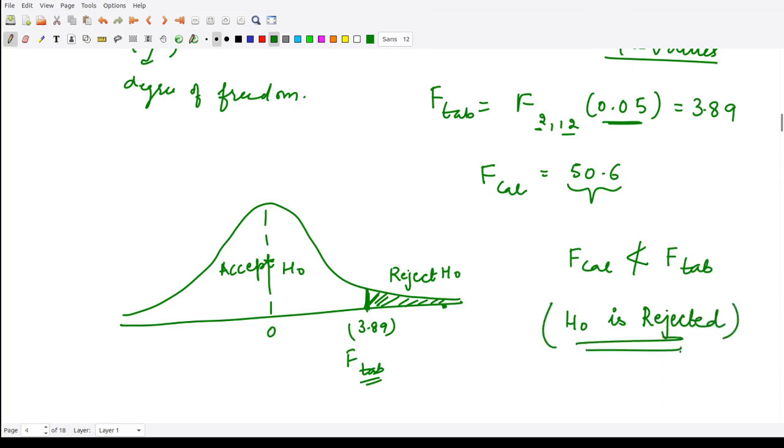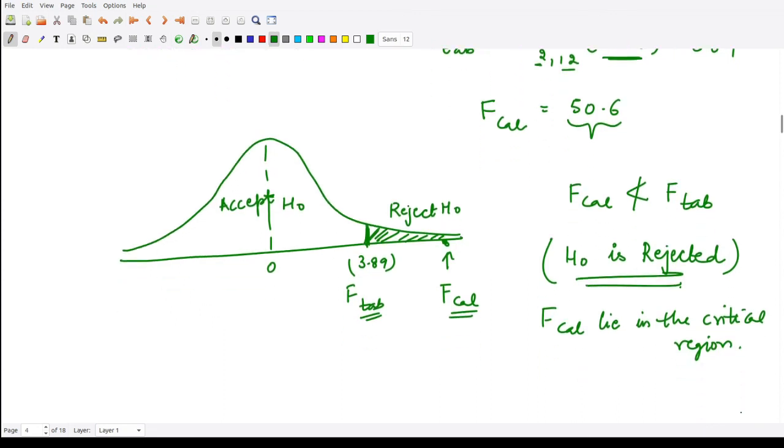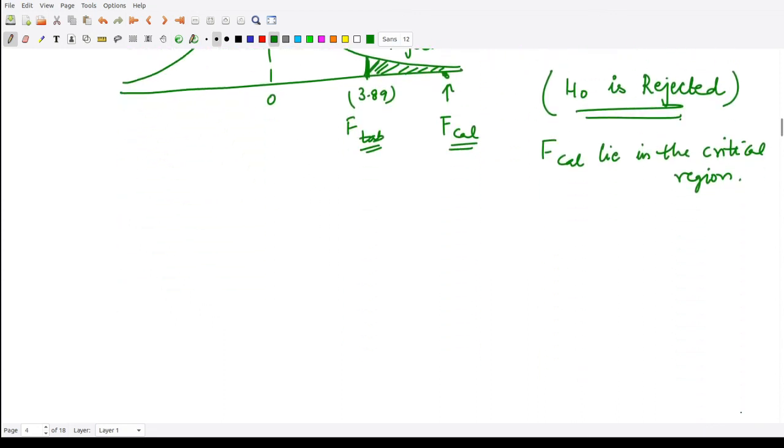Why? Because your value lies somewhere here. This is your F calculated value. So it lies in the critical region. So if we reject the null hypothesis, therefore we will accept our alternative hypothesis. So H1 is accepted.